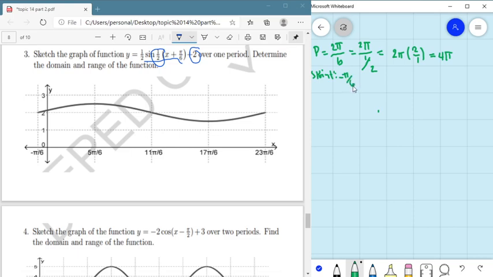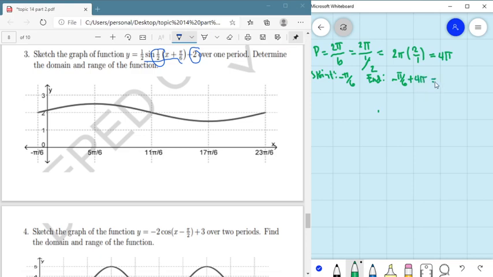And then you end at your terminal point, which is negative pi over 6 plus 2 pi, which is equivalent to negative pi over 6 plus 4 pi. That is equivalent to your period plus 4 pi.